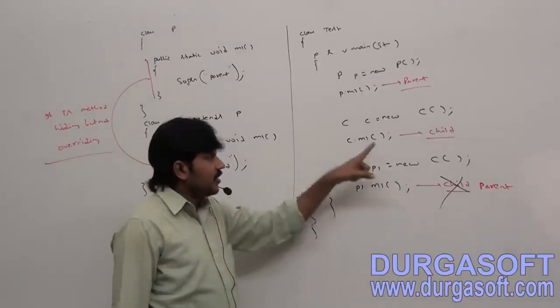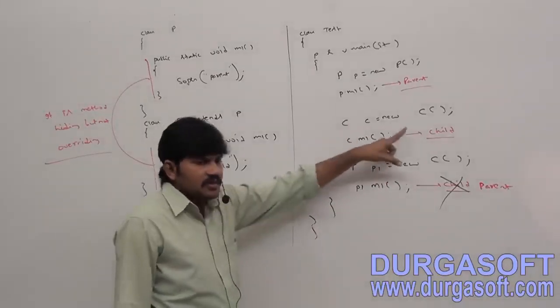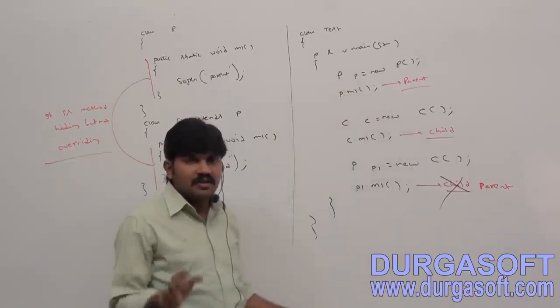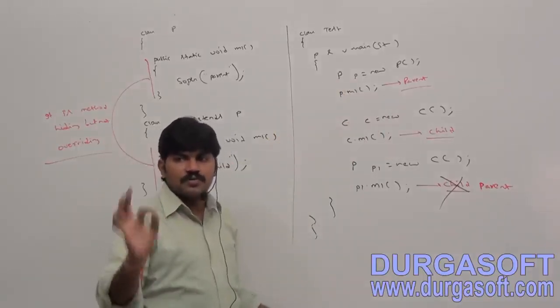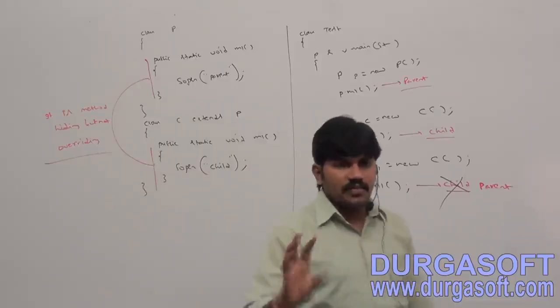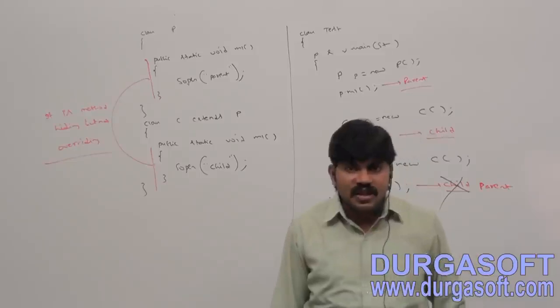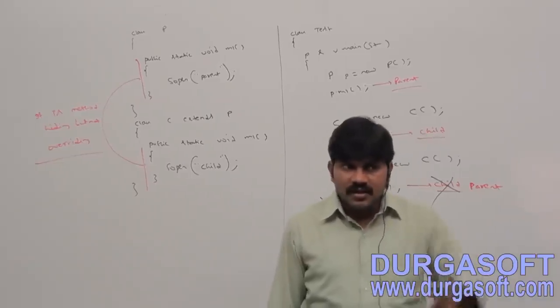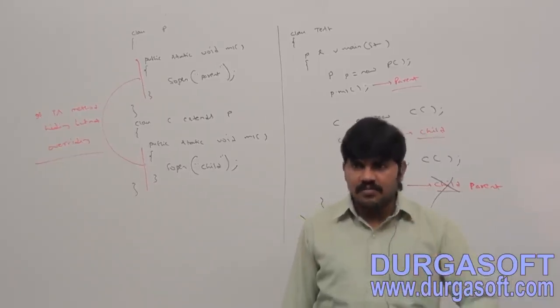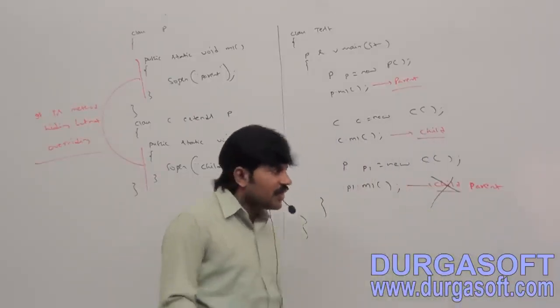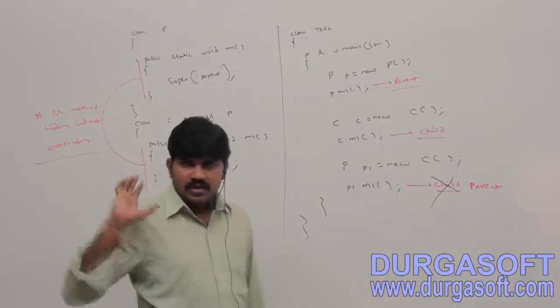Parent reference, so parent method. Child reference, child method. That is the small difference between overriding and method hiding. In method hiding, resolution is by the compiler based on reference type, but in overriding, it is by the JVM based on the runtime object. Clear for all of you, right?